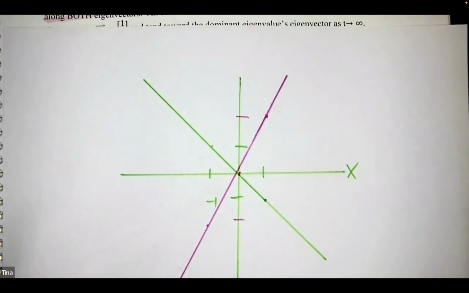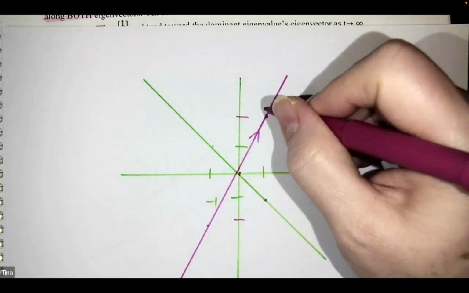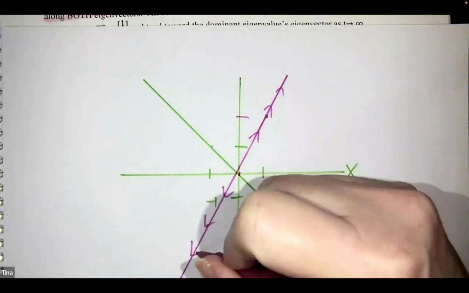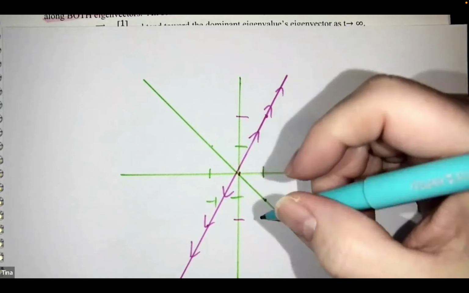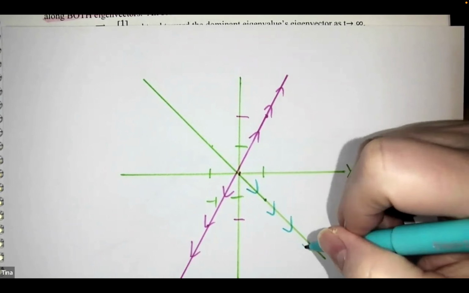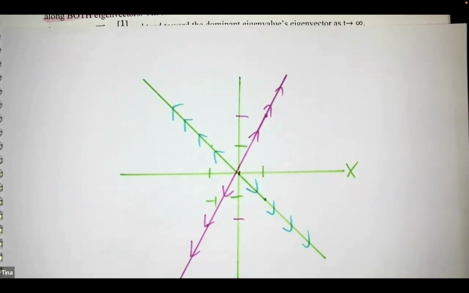So since they're both positive, we know that the arrows have to point away from the origin. So we've got to go away and away. Okay.